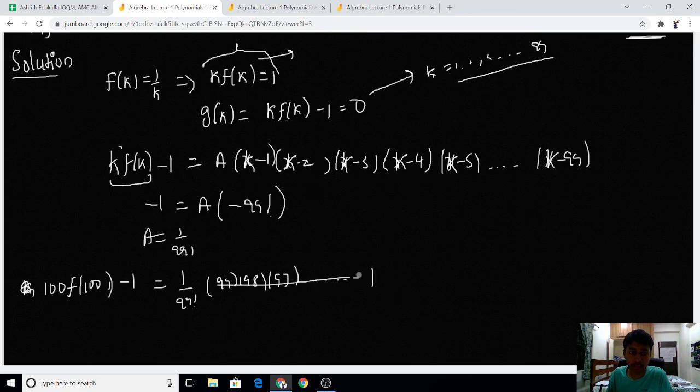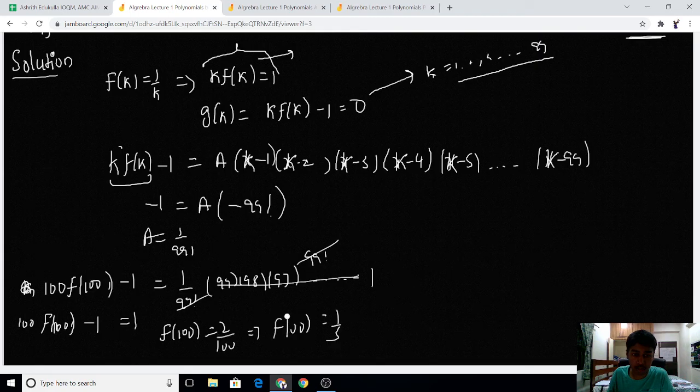You can see this is 99 factorial, so these both get cancelled. So you have 100 into f of 100 minus 1 equals 1. So f of 100 equals 2 by 100. That implies f of 100 equals 1 by 50.